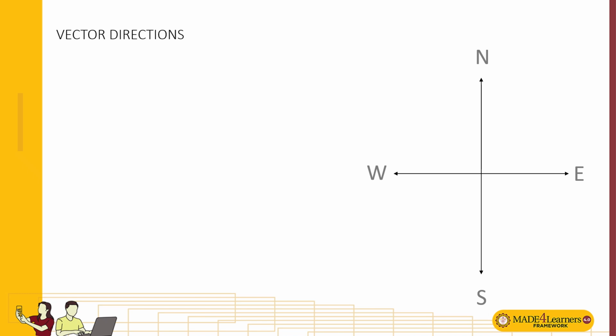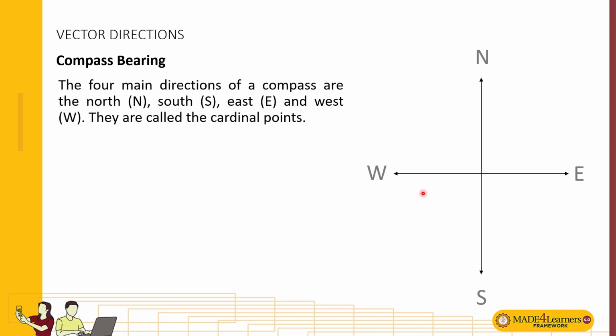So we have many conventions in writing or describing the direction of a vector quantity. One is by using compass bearing directions: north, south, east, and west. We can use these cardinal points.